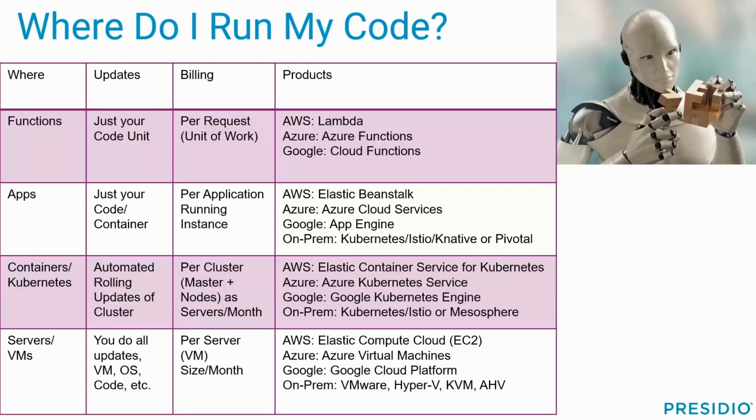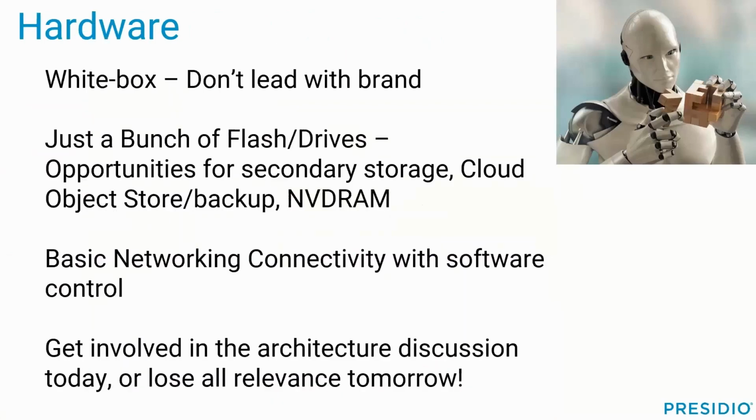Okay, so now that we understand that, and we can help people with how their organization is structured, et cetera, and what kind of code they need to run, what does it mean more for us as Presidio? You're going to see a whole lot more of white box sales. If you're talking to the infrastructure team, they may say, I want a Dell or I want a Cisco, et cetera.